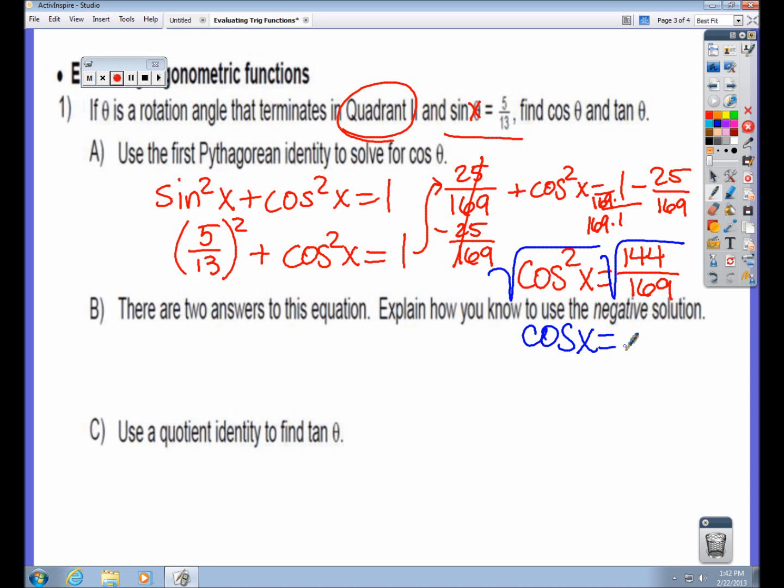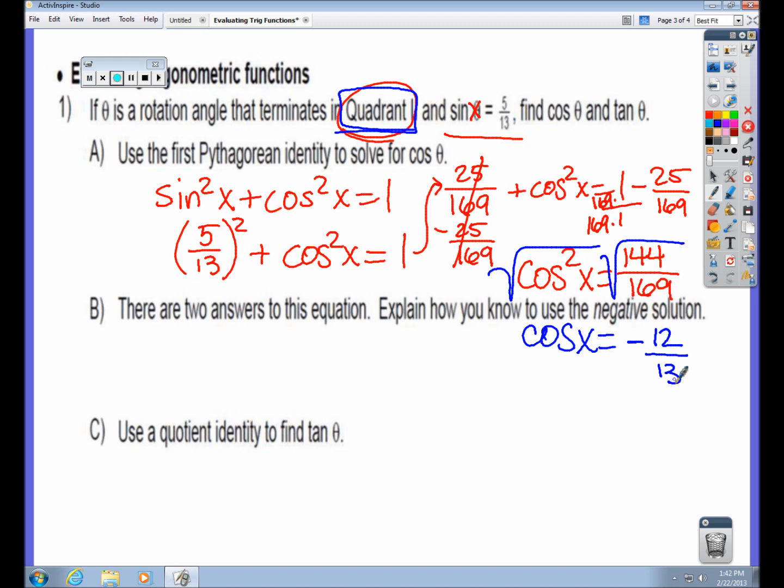If I'm in quadrant 2, that's where this part comes in. If I'm in quadrant 2, should the cosine be positive or negative? It should be a negative because cosine's only positive in 1 and 4. The square root of 144/169 is 12/13. So the answer for cosine would be negative 12/13.